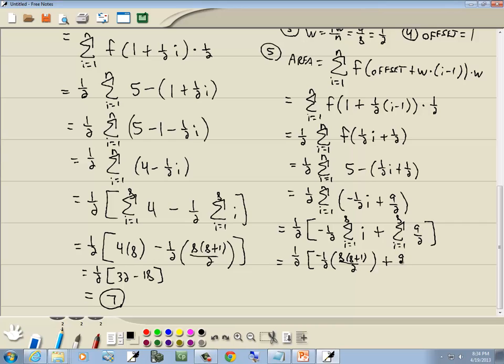So we'll have 9/2 times 8. Well, let's reduce a few steps here. 2 times 2 is 4. 8 divided by 4 is 2. So we have negative 2 times 9, which gives us negative 18. Plus 8 divided by 2 is 4. 4 times 9 is 36.